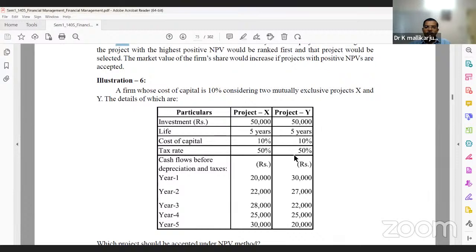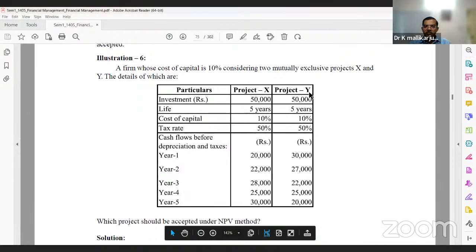The tax is also the same. But here the cash flows are different, cash flow before depreciation and taxes. So the investment, life and tax rate are the same. The only difference is the cash flows of project X and project Y.